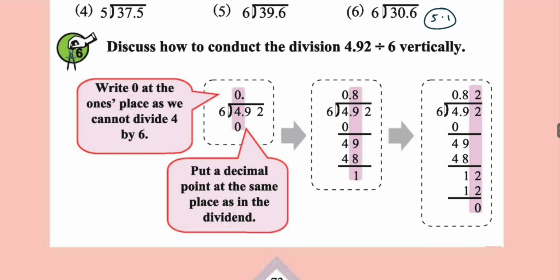Discuss how to conduct division 4.92 by 6 vertically. Okay. Since 4 is smaller than 6, you have to put 0 here.